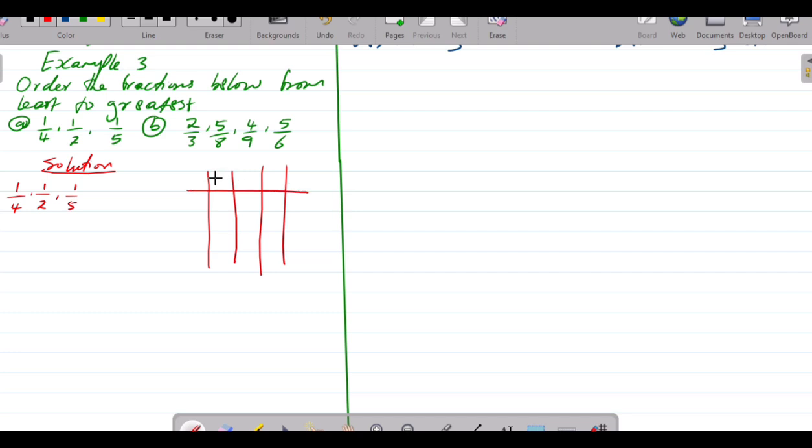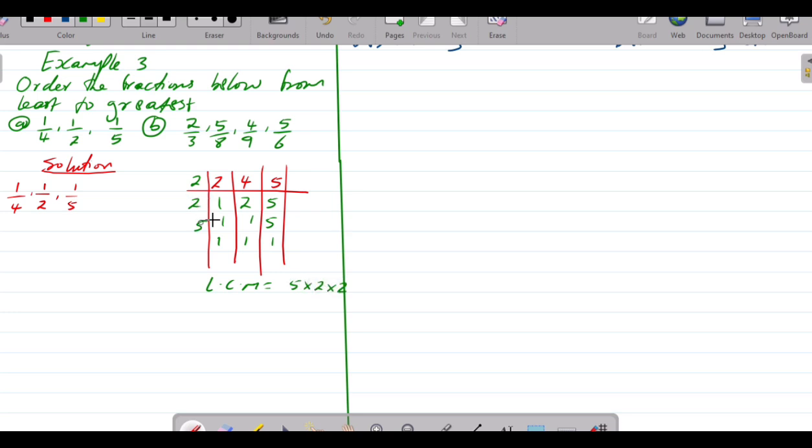The first one is 2, 4, and 5. So 2 can go in 2, 1. 2 can go in 4, 2. 2 cannot go in 5. You write your 5. 2 again, 1, 1. Then you have your 5. 5 in 5 is 1, 1, 1. So your LCM here is going to be 5 times 2 times 2.